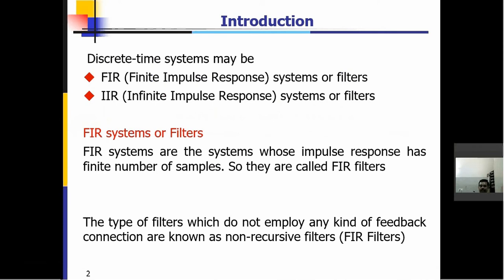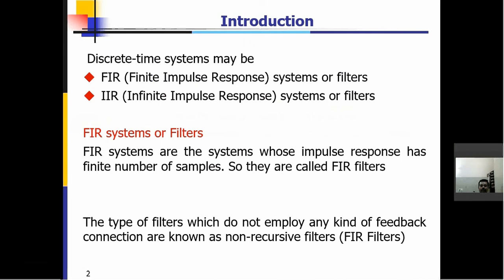The FIR systems are the systems whose impulse response has a finite number of samples, so they are called FIR filters. What is an FIR filter? The impulse response of the FIR filter will have only a finite number of samples.